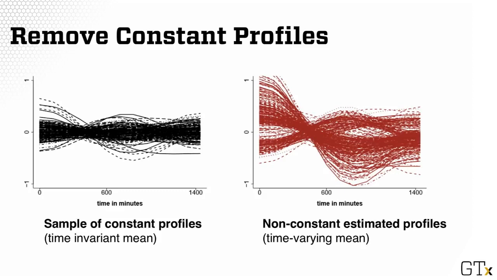For this, I performed a hypothesis testing procedure in which the null hypothesis is that the profile is constant versus the alternative that it is not. These two plots show the partition of the profiles into those for which we do not reject the null hypothesis in the left plot, and those for which we reject the null hypothesis and are thus informative in the plot on the right.